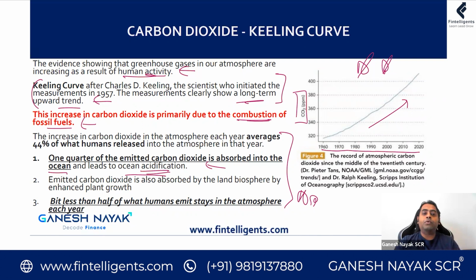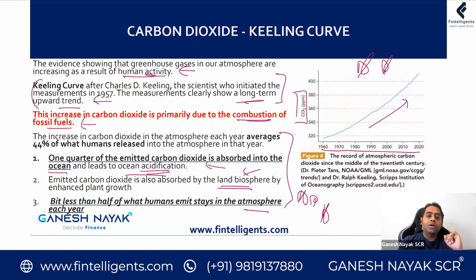But the core point you want to realize is that out of the total carbon dioxide that we are emitting, almost 25% is being absorbed by the ocean. Some part is absorbed by the land biosphere, which means trees and vegetation are absorbing carbon dioxide, and the rest, almost 50% of what we are emitting, is still in the atmosphere. So this is an important point: out of the total emission that we are doing, 50% is still in the atmosphere.